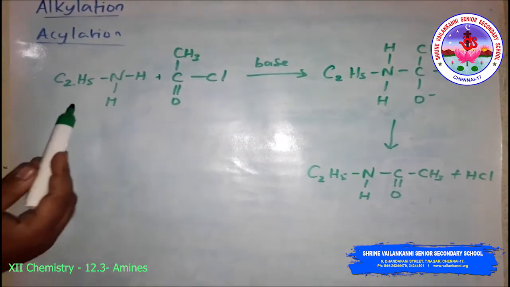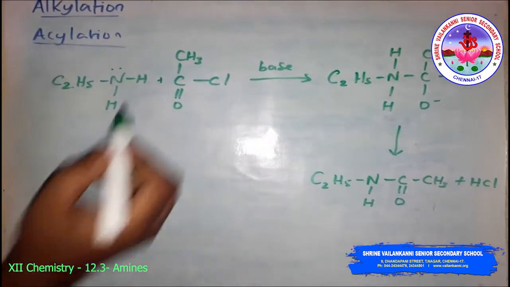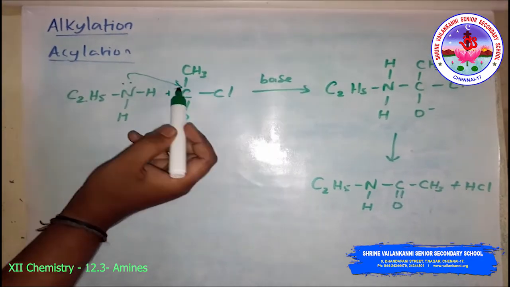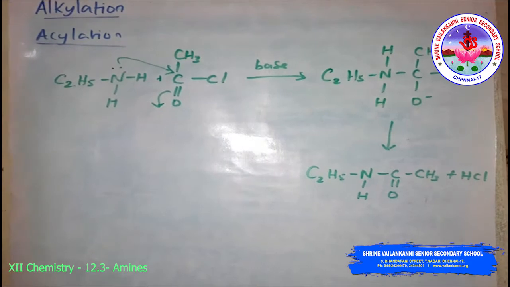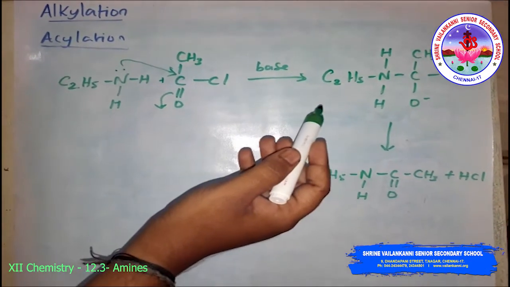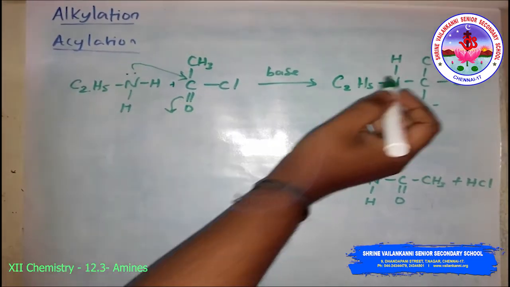Look at this reaction. This is ethanamine, and the nitrogen has a lone pair of electrons. This lone pair attacks the carbon atom, then the double bond shifts, and N gets a positive charge.